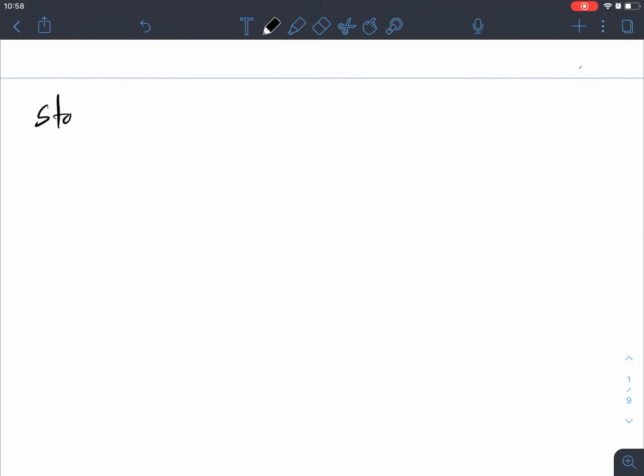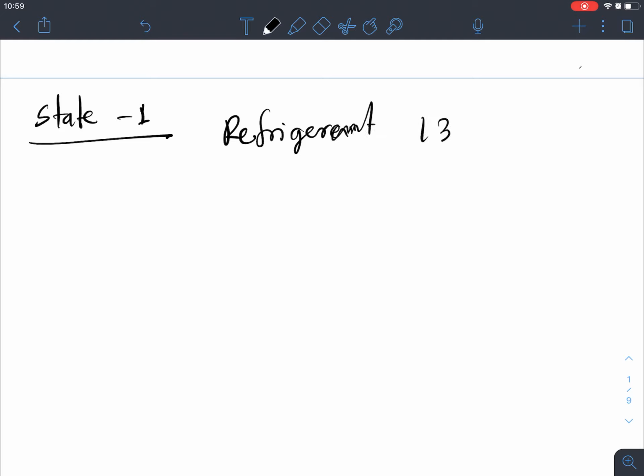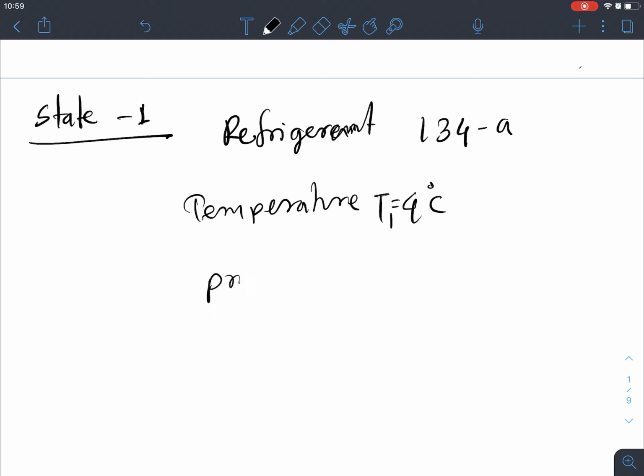So for state 1, what are the things we are given? The refrigerant is 134a. The temperature is given: T1 is 4 degrees Celsius, and the pressure P1 is equal to 200 kilopascal.